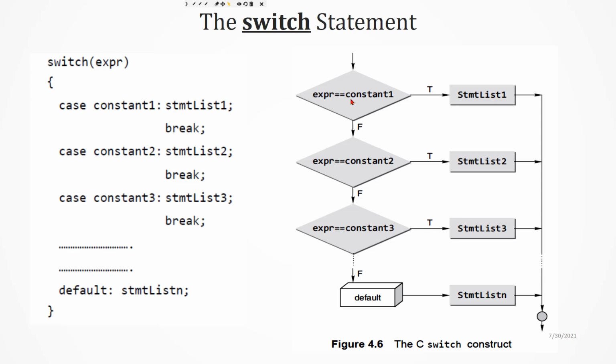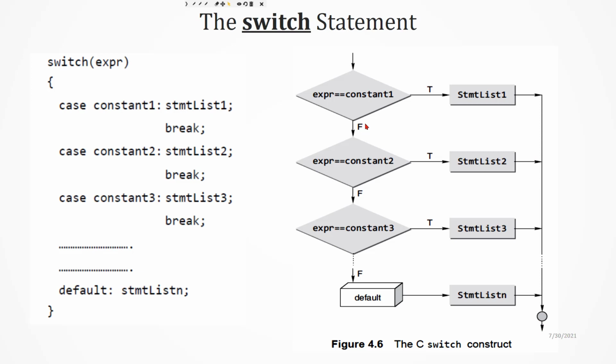Now look at the flowchart. First, the expression and constant 1 are compared. The expression will produce some value. Here, instead of an expression you can pass a value also. So first it compares the expression and constant 1. If it is true, statement list 1 will be executed. Then it will execute the next statement. That is what we understood from the flowchart.